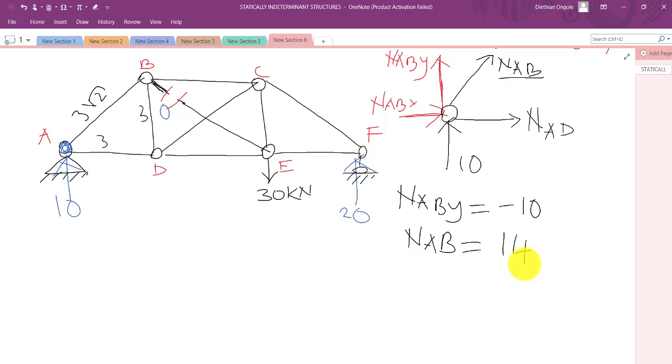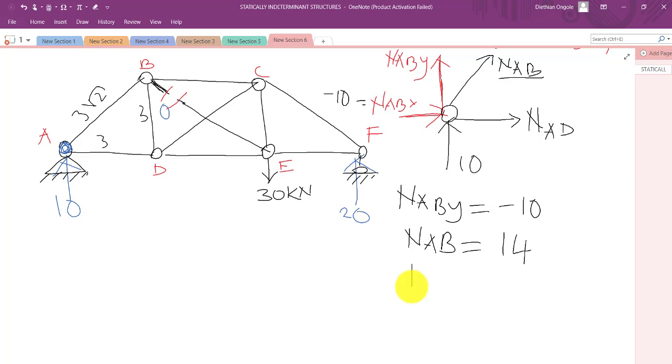After finding that, due to the relationship of the hypotenuse, height, and base, I know that the force on the height would be equal to the force on the base. Therefore, my N_AB in the x direction would also be equal to negative 10.